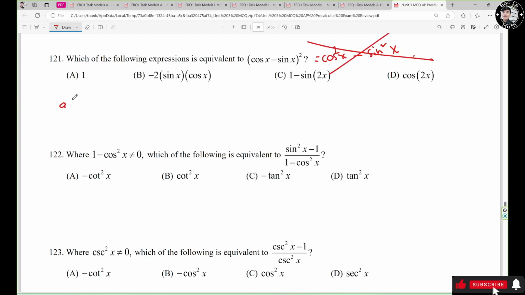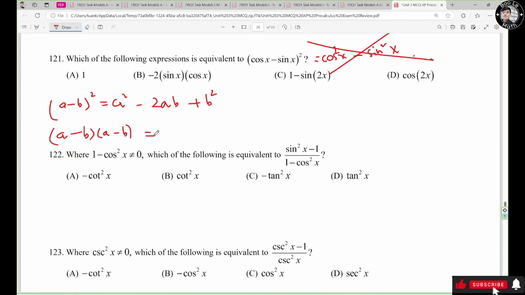Keep in mind, (a minus b) all squared equals a squared minus 2ab plus b squared. If you don't know this formula, you just write it like this: (a minus b) squared equals (a minus b) times (a minus b), two times.